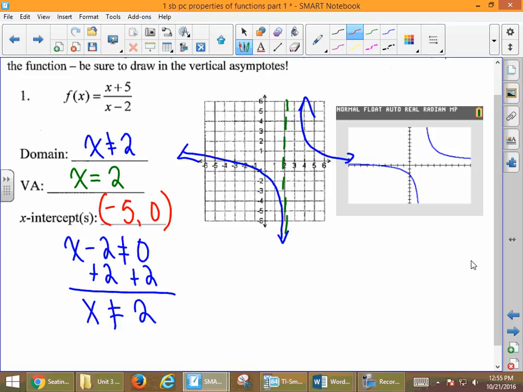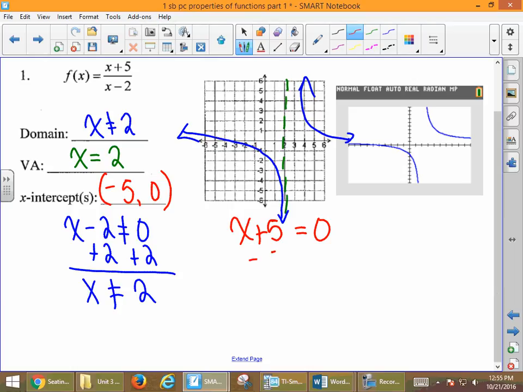If we look a little bit closer here, I wonder if we could figure out from the equation, how do we figure out the x-intercept? What we see up there in the numerator is we have this value of x plus 5. And if we set that equal to 0 and solve that equation, we end up with x equals negative 5. And again, I'm a little bit off on my picture there, but we do have an x-intercept at negative 5, 0.